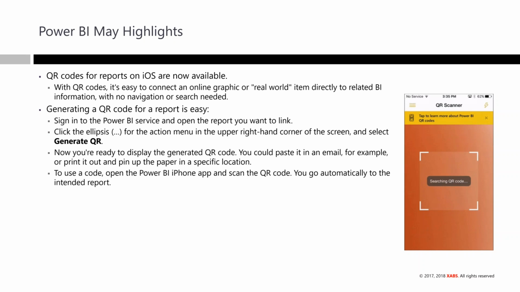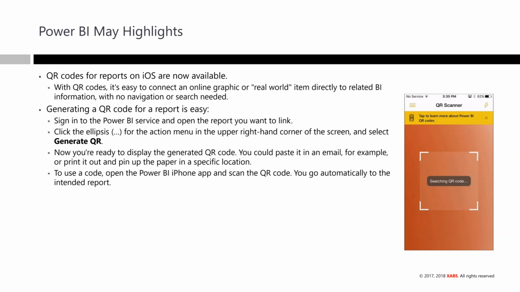One neat update is the ability to use QR codes for reports on iOS, so on Apple environments. You can connect an online graphic directly to a BI report with no navigation or search needed. Basically, you generate a QR code for a report, straightforward.